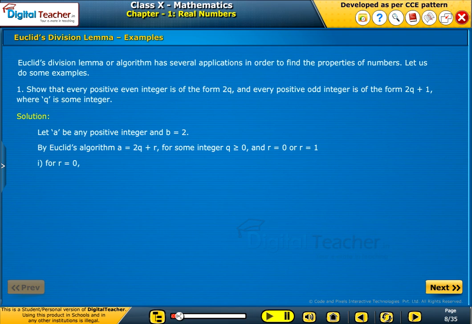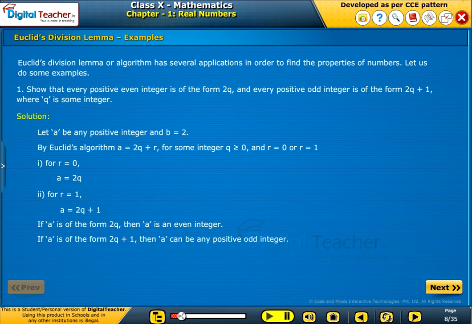For r equal to 0, a is equal to 2q. 2. For r equal to 1, a is equal to 2q plus 1. If a is of the form 2q, then a is an even integer. If a is of the form 2q plus 1, then a can be any positive odd integer.